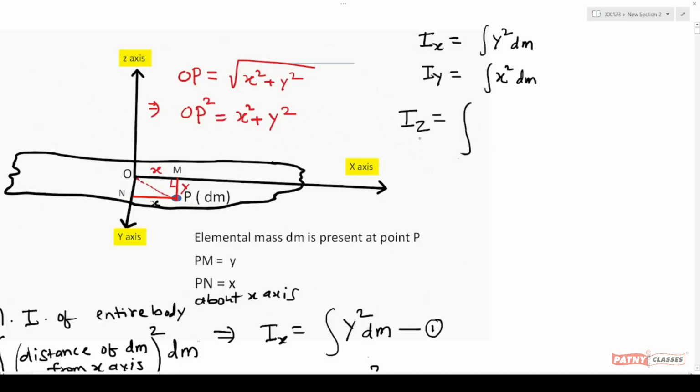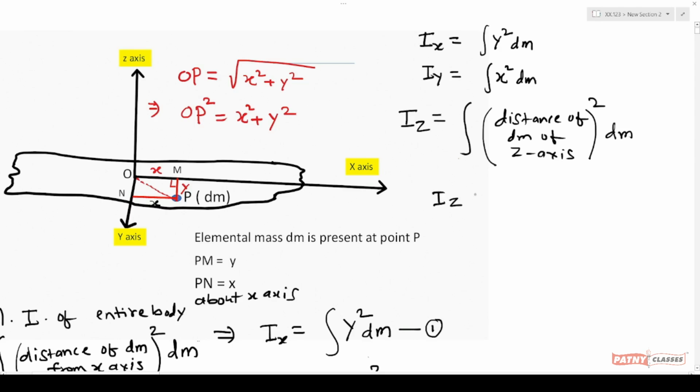Now Iz is the moment of inertia of the entire body about the z-axis. So the moment of inertia about the z-axis equals the square of the distance of dm from the z-axis multiplied by dm.